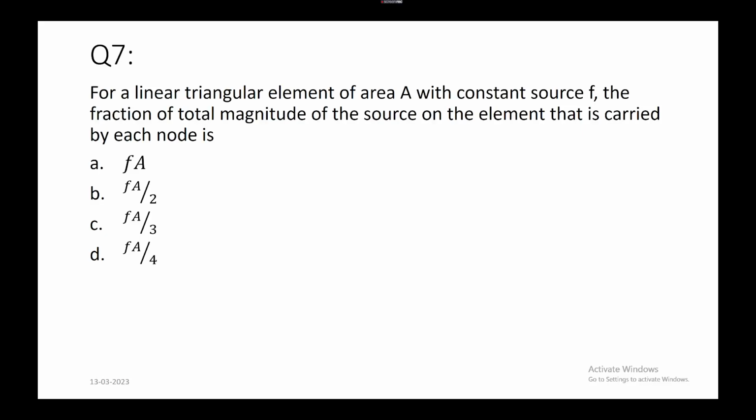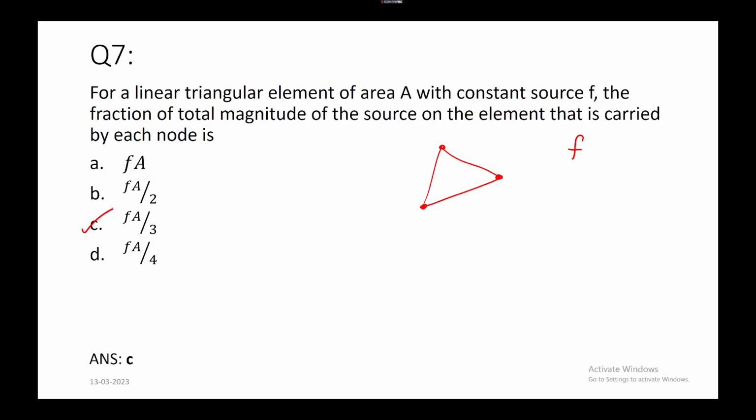So for a linear triangular element, each node carries some source. So if f is your source, each node will carry some value. So what will be the value at each node? Can anybody take a small guess? Sir, fA by 3. Yeah.